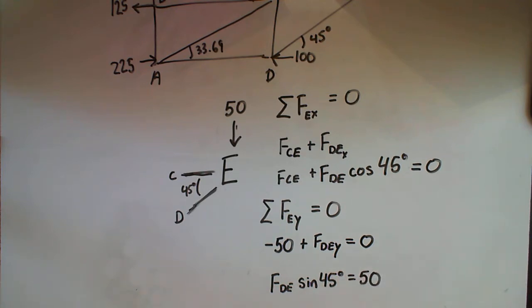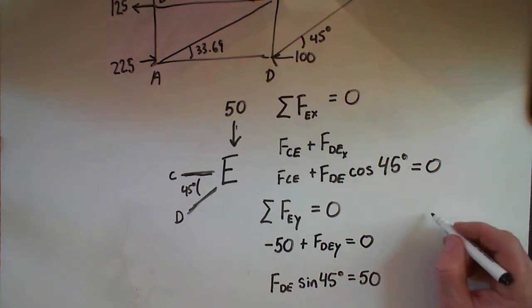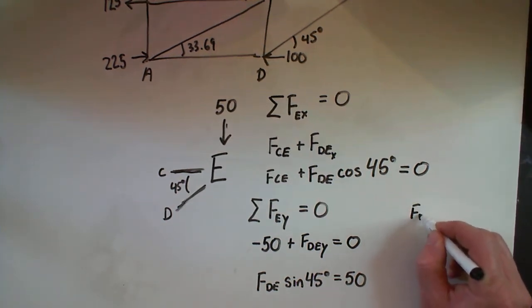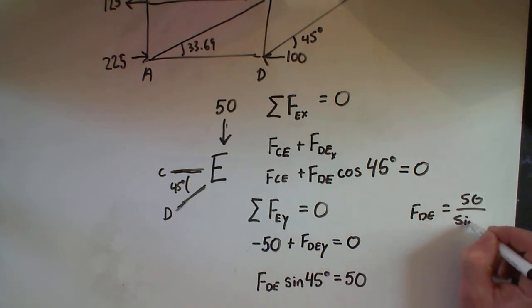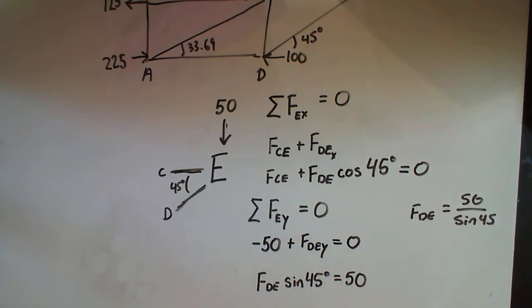So that would be F of DE sine 45 equals 50. So F of DE equals 50 divided by the sine of 45. And F of DE, putting that in the calculator, F of DE equals 70.71.